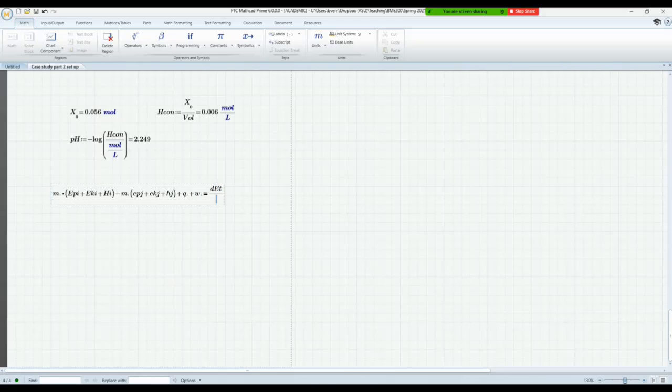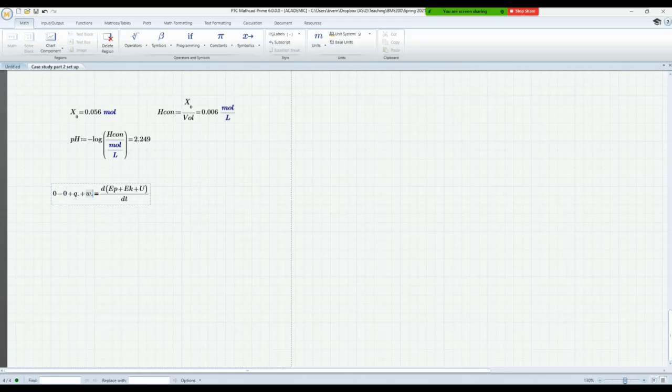dE total/dt, but you can change this into the change of the system: the potential energy, the kinetic energy, plus the internal energy of the system. And if we say that it's closed, then these mass flow terms go to 0.